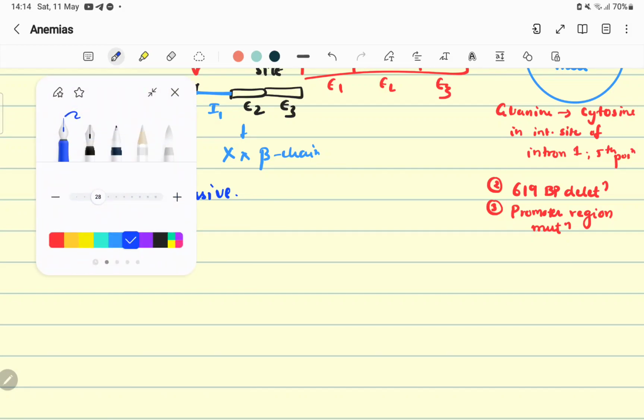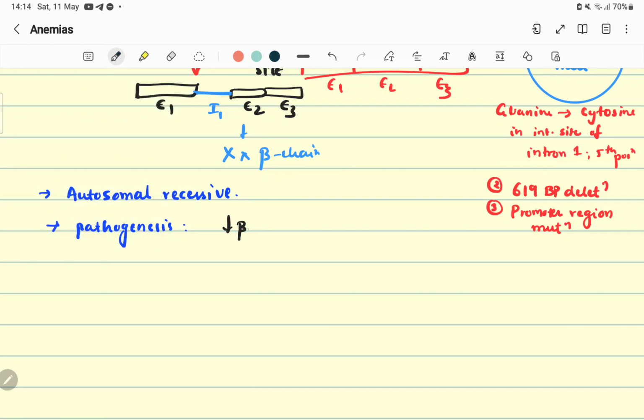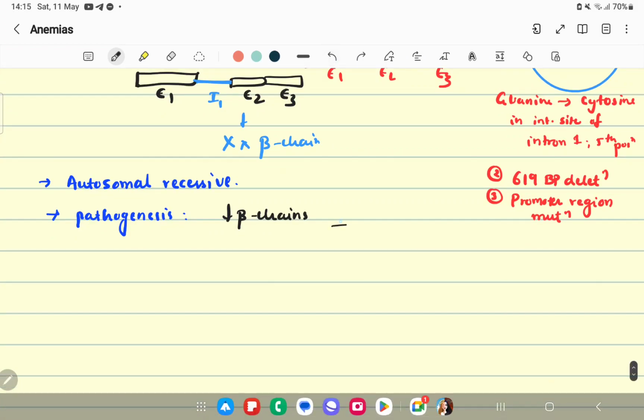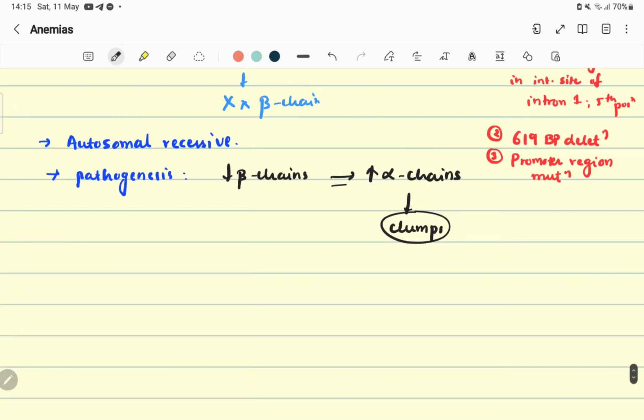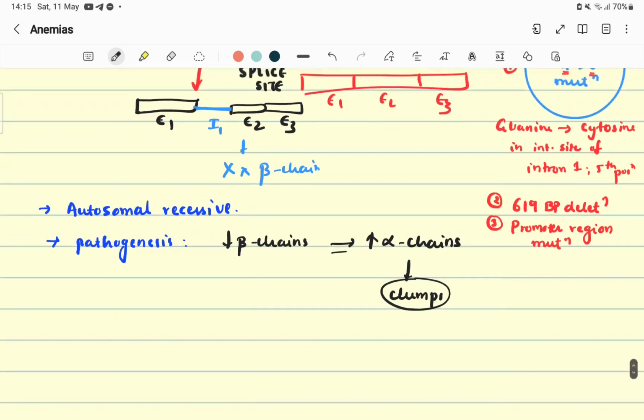Pathogenesis: there is a decrease in beta chains, which means an increase in alpha chains. They will form clumps. These increased alpha chains start in the pro-erythroblastic stage, since it is a genetic condition.